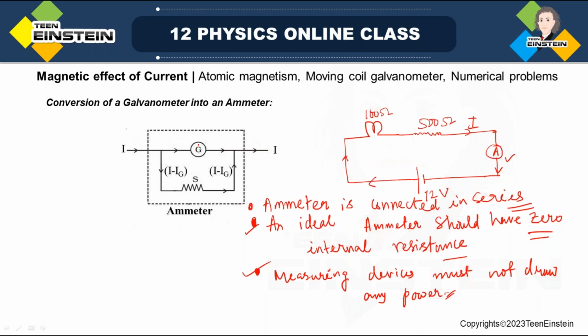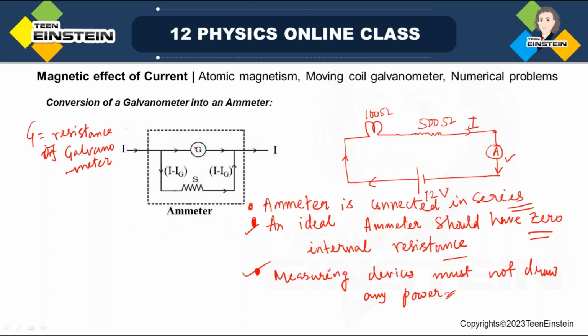Let us denote that galvanometer resistance as G, the resistance of the galvanometer coil.